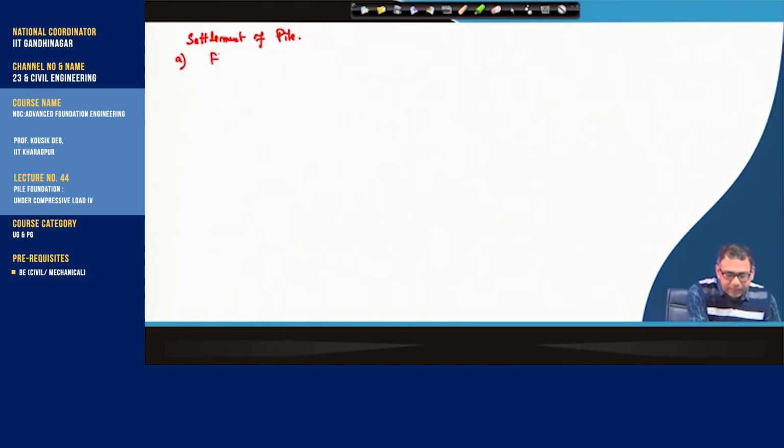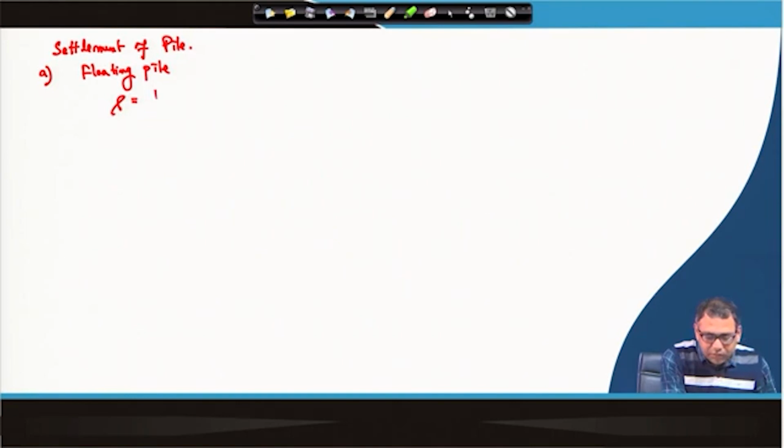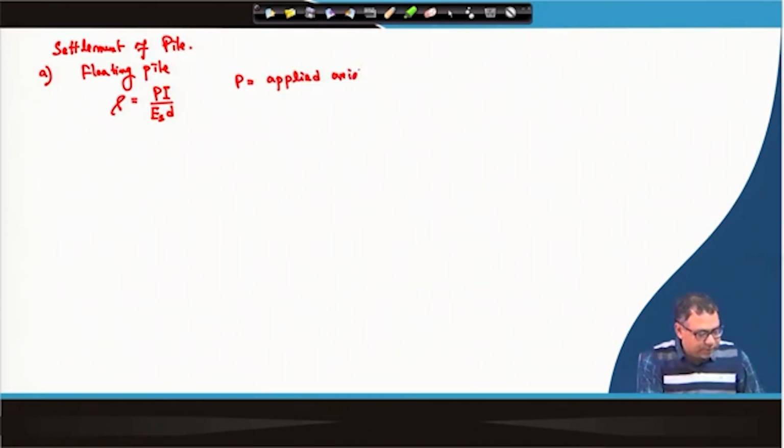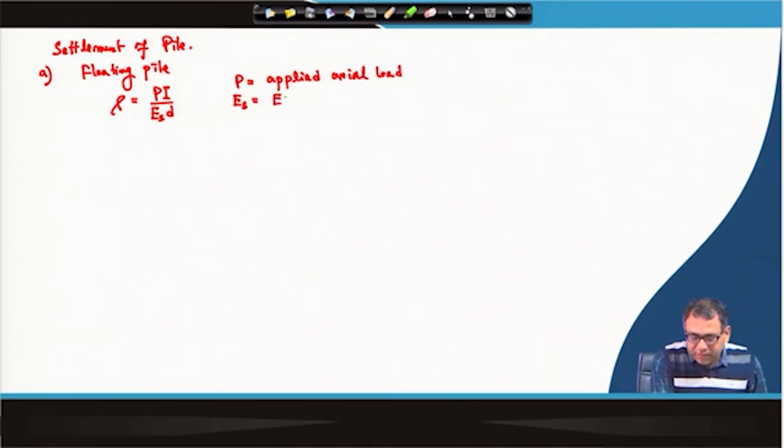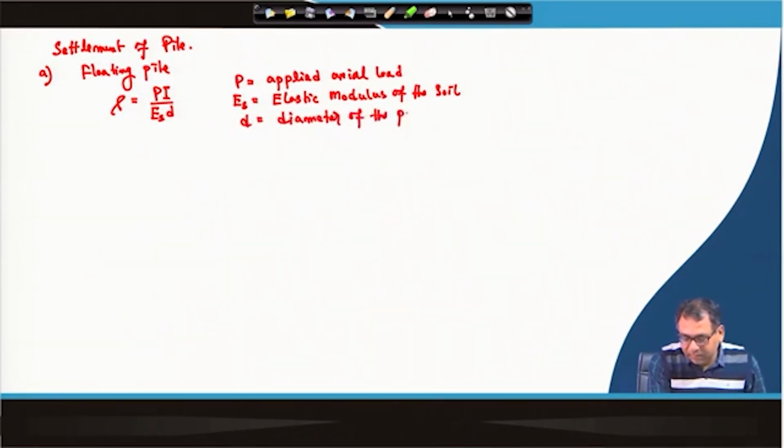Again for floating pile, the settlement rho is equal to P I by E s into D. P is the applied axial load, E s is the elastic modulus of the soil, D is the diameter of the pile, and I is equal to I 0 R k R h R nu.